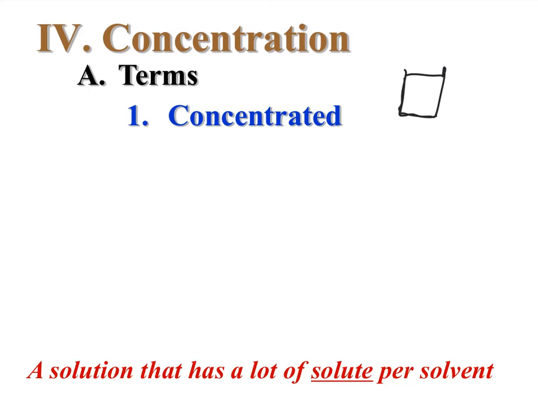We have a solvent, usually a liquid, usually water, and you have a solute, usually some kind of molecule or some kind of ion. If you put a lot in, like Kool-Aid, a lot of sugar, for instance, sugar is the one we've used in class, it's concentrated.